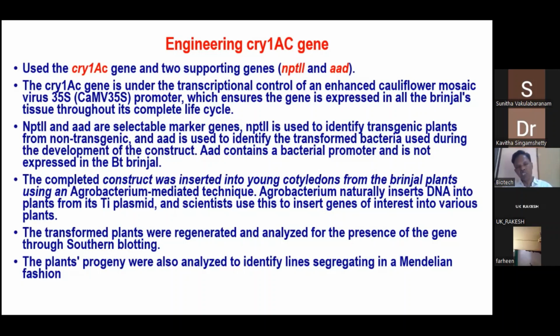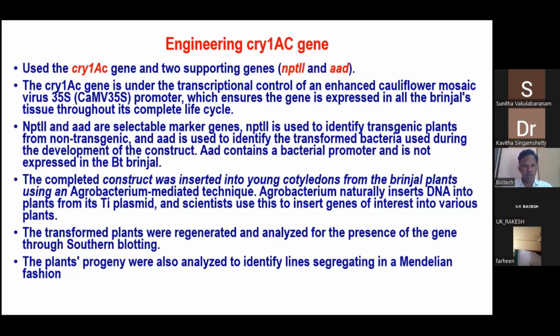So the Cry gene was introduced into both these crops, and they are now resistant. One is under good cultivation in India, that is cotton. All the cotton that you see when you go out of your house into a countryside, into a village, all the cotton that is presently cultivated in Telangana is BT cotton.